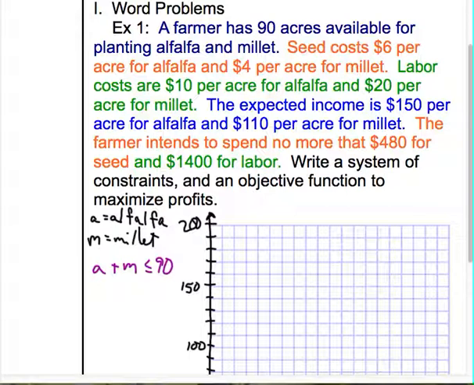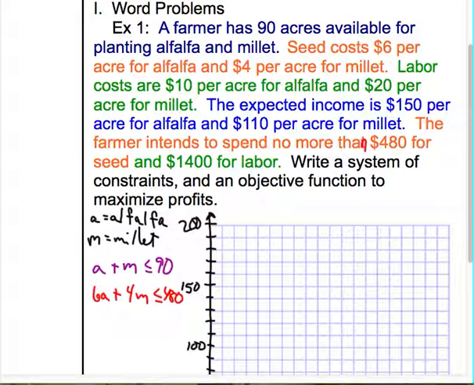If we jump down to the next orange sentence, the farmer intends to spend no more than $480 for seed and $1,400 for labor, but labor is separate. So we're going to look at the seed. So $6 for alfalfa plus $4 for millet has to be less than or equal to $480. That is our entire budget for seed.